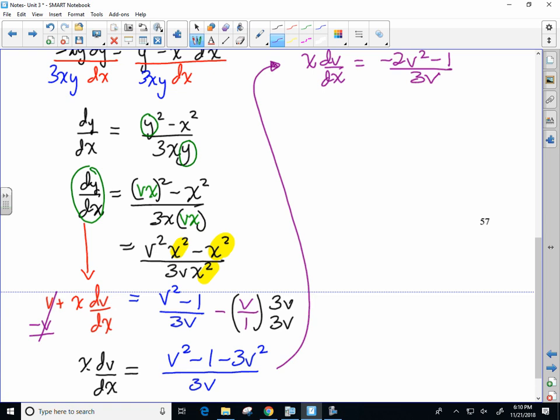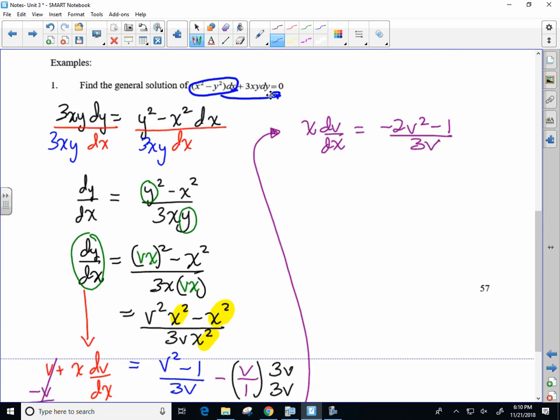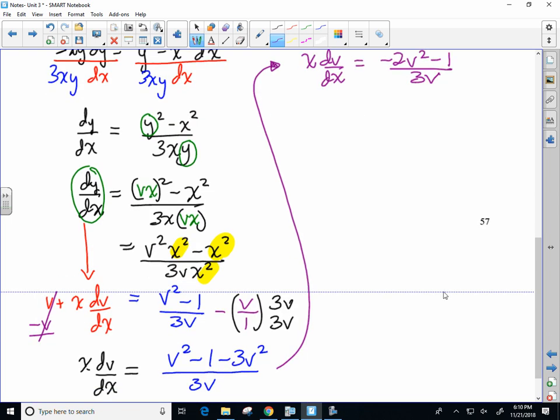All right, all of that was to get a differential equation that was not something we could solve in its original form into a form that can be solved using techniques that we already know. All right, I can now separate my variables. I can get my v's on one side and my x's on the other side.